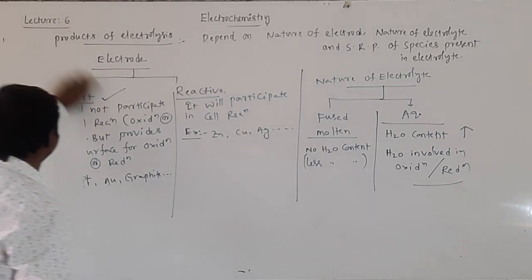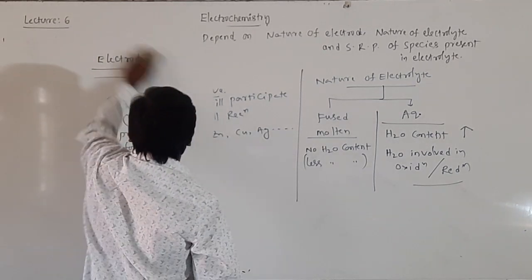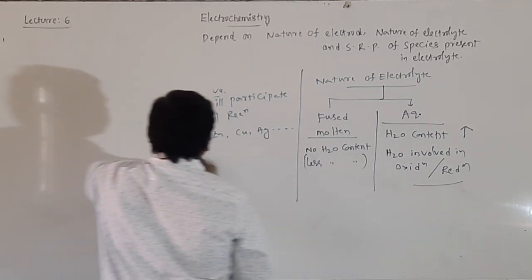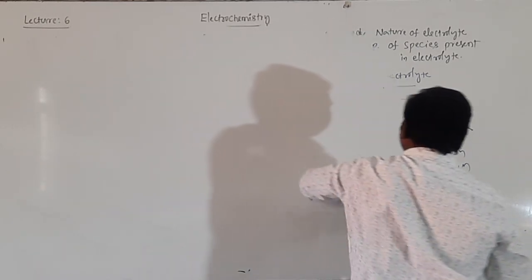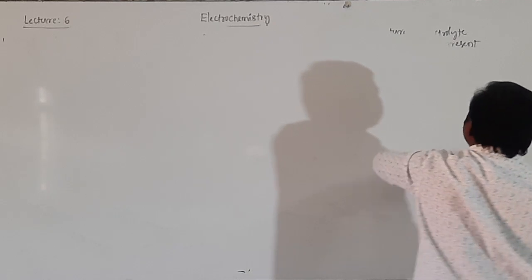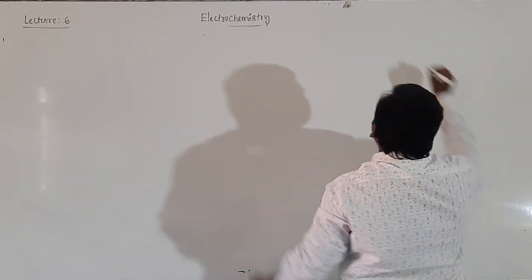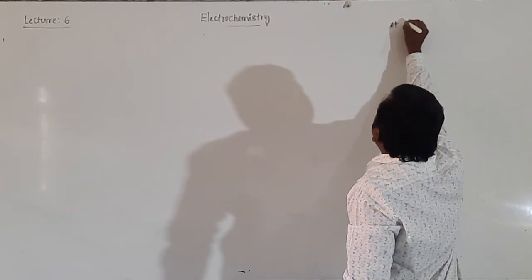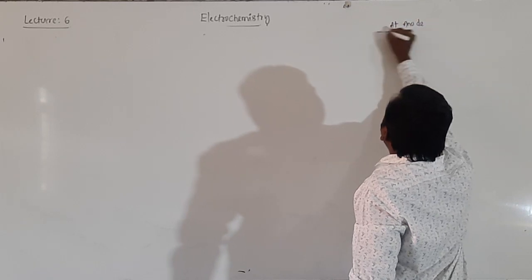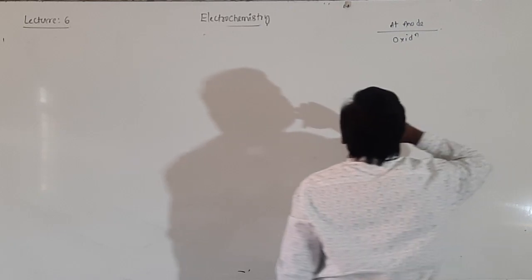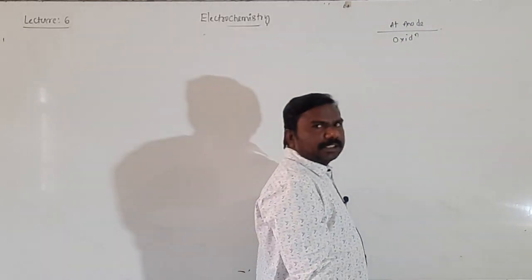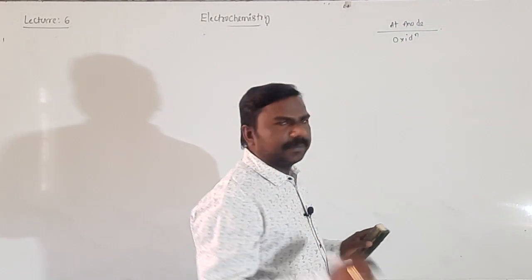Now, they will ask you questions on products of electrolysis, and before going to that, you should remember that at the anode oxidation always takes place. Oxidation means dissolving.